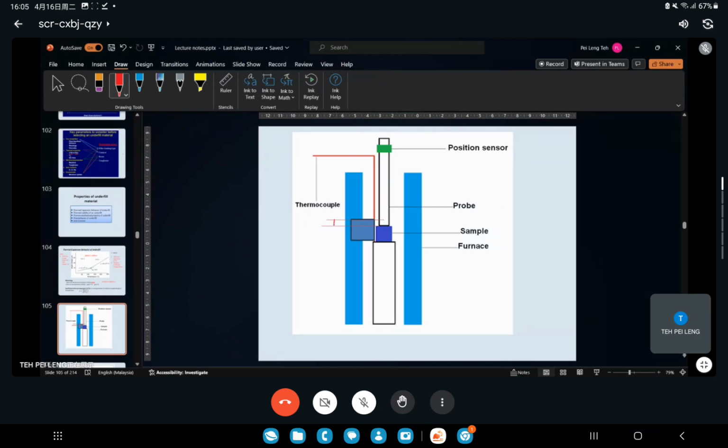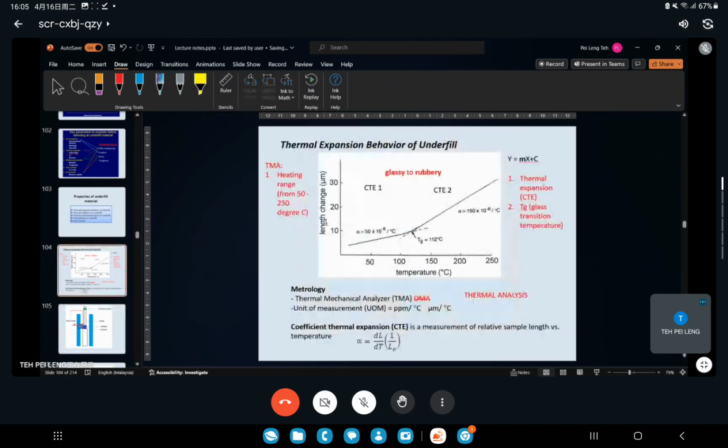Correct or not? These will be the differences. So the length changes. Length change. So after heating, it changes, increases. This is how the machine measures.